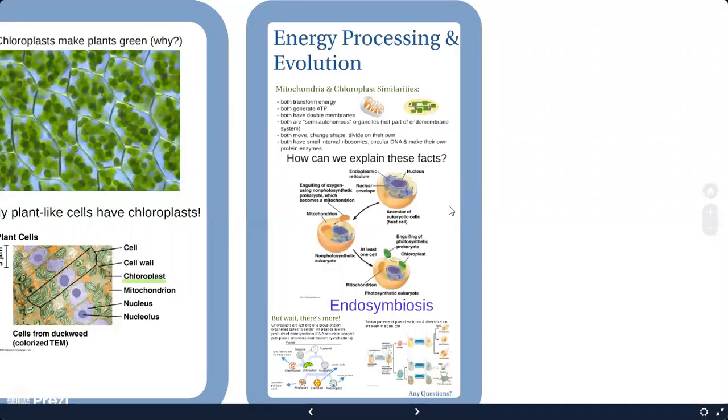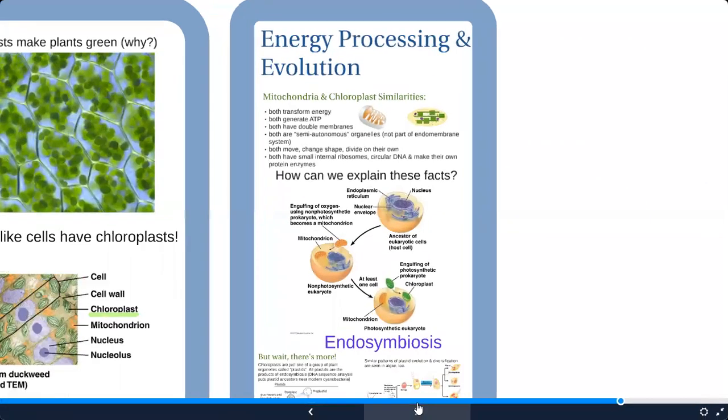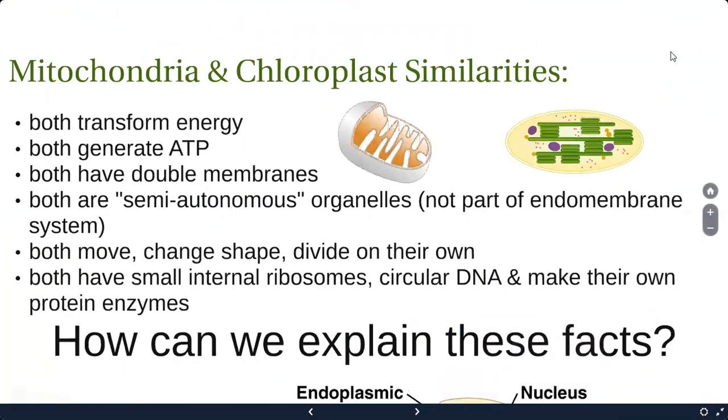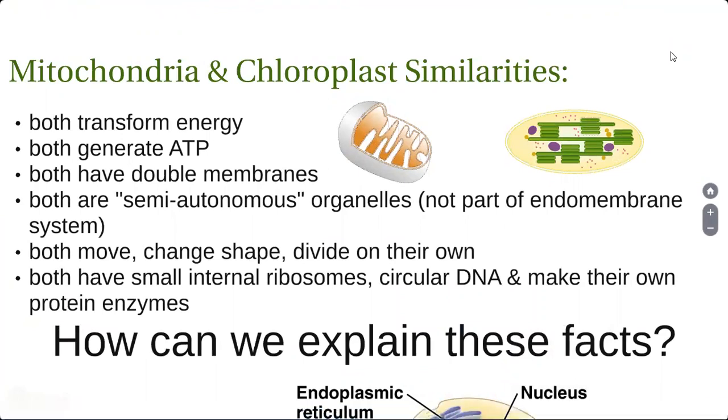All right. So as far as energy processing goes, like I said, the mitochondria and the chloroplasts are very similar. And you could get asked on the exam to compare the two or contrast the two. We study them together too because they're both ways of transforming energy. Remember the laws of thermodynamics: matter and energy are neither created nor destroyed in this universe.